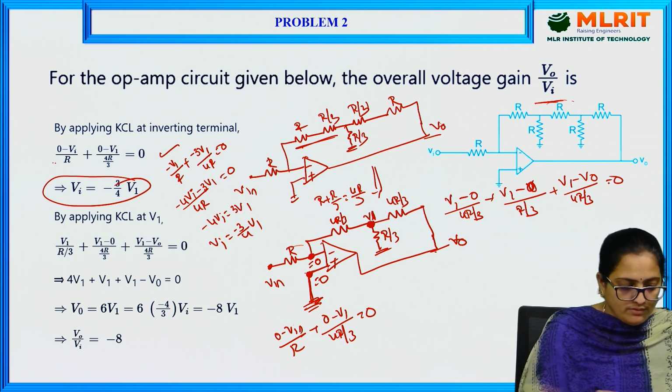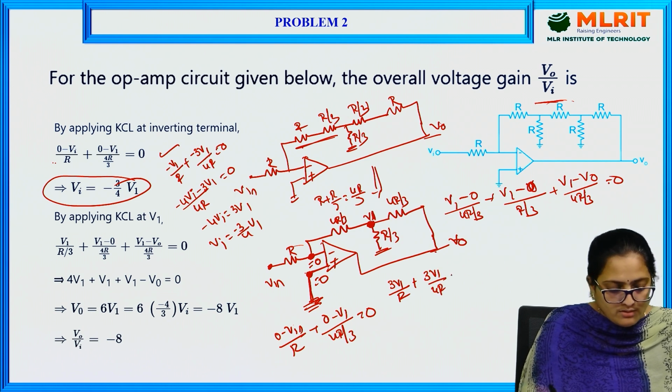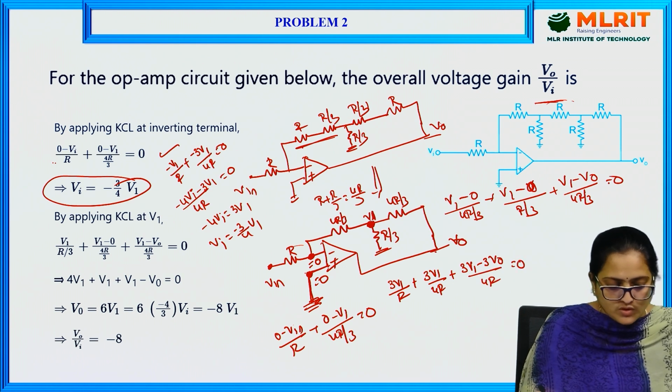If you solve here, we can write the equation as 3V1 by R plus 3V1 by R plus 3V1 by 4R minus 3V0 divided by 4R is equal to 0.